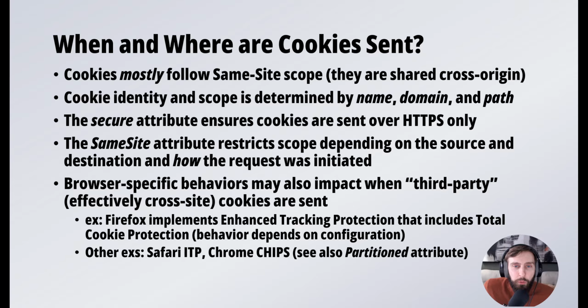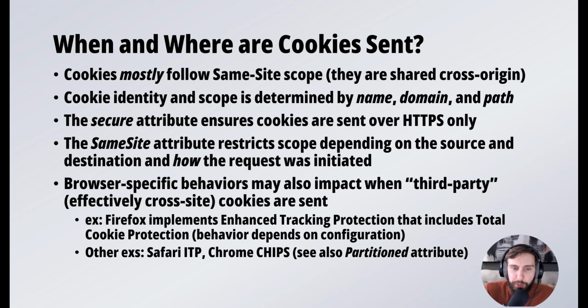So when and where are cookies sent by the web browser? Cookies mostly, as we've seen, follow same-site scope, which means that they are shared in many cases cross-origin. Cookie identity and scope is determined by name, domain, and path. The Secure attribute ensures cookies are sent over HTTPS only.